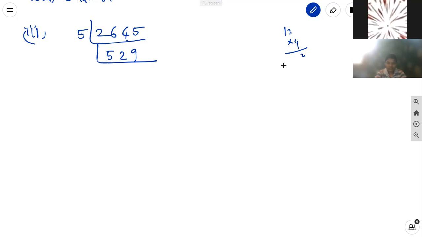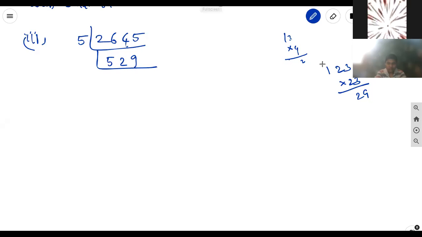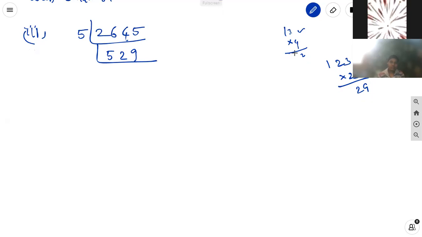It's not. Okay. 529, is it any ways? Here 13 is not. 13 13s are 169. So it is not divisible.